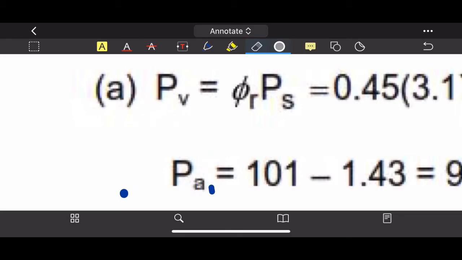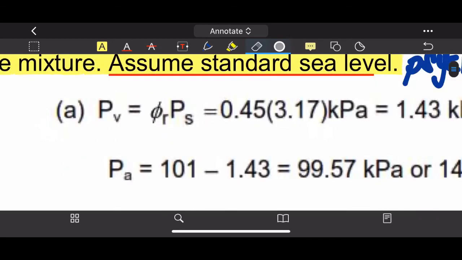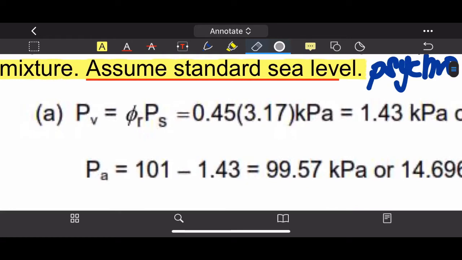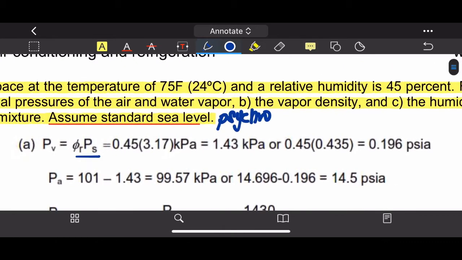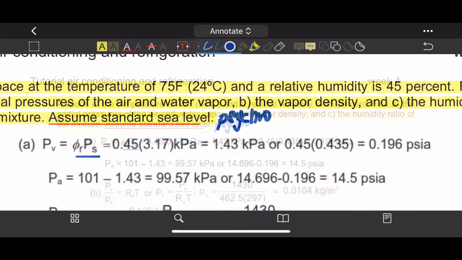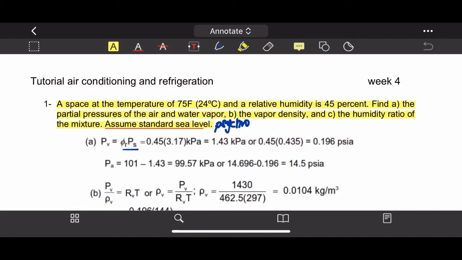By rearranging the algebra, you have PV equals phi times PS. Phi is already given. Phi is the relative humidity, which is 45%, and PS, 3.17, comes from the table.